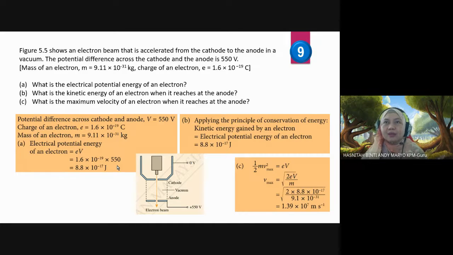Finally you will see a fluorescent effect on the screen telling us that they are moving in a straight line in vacuum. Second, we checked what is the deflection effect when we place cathode ray in an electric field and in a magnetic field. And last but not least, how to apply the equation to find the electrical potential energy, Vmax, and so on using that formula.